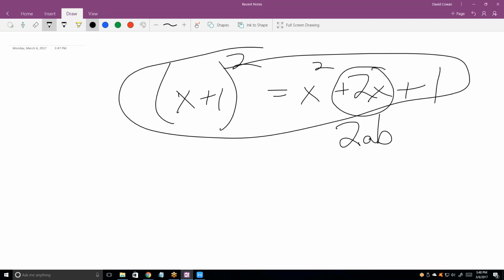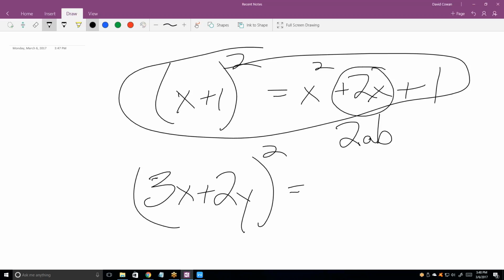Because now, if I gave you 3x plus 2y, quantity squared, what is that going to give you? Do it based on your memory of what a binomial squared is equal to. So 9x squared plus 2 times this times that. So 12xy. Just xy.